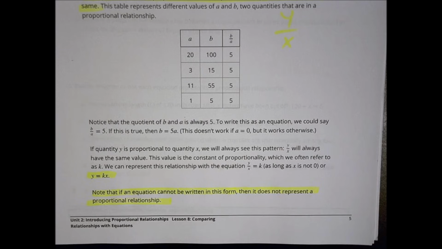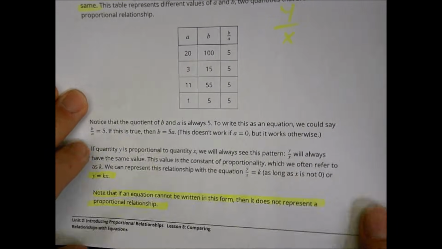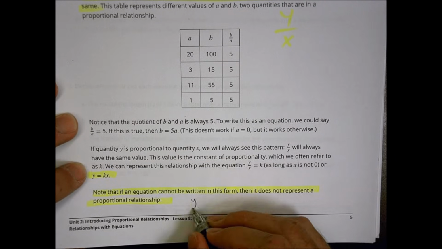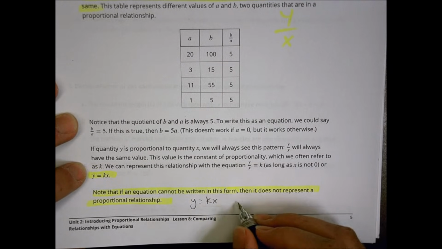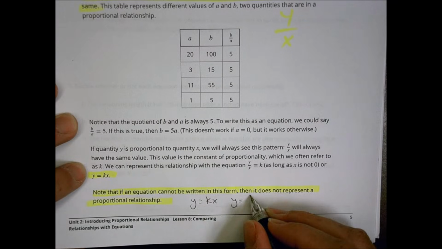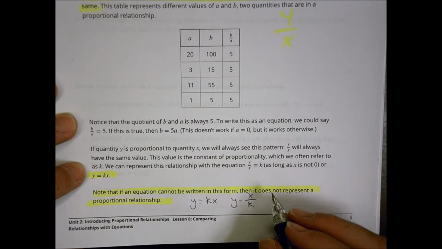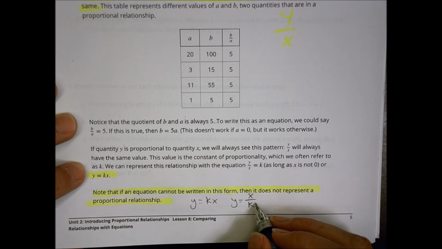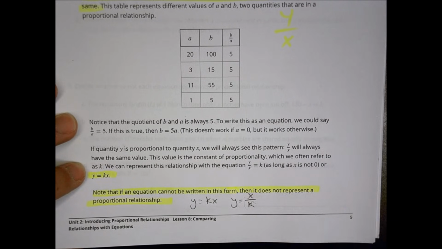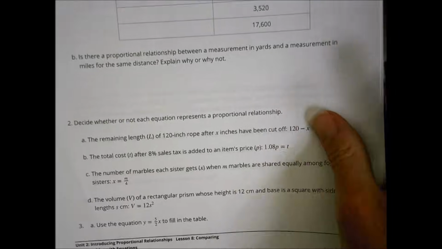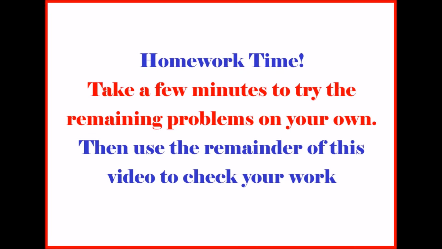You want to be able to walk away saying, yep, it has to be in the y equals kx form. Just remember that y equals kx can also be y equals x over k. That's the same thing, except now you have a fraction for your k value. That's all right too. Okay, pause there and let's take a moment to look at your homework.